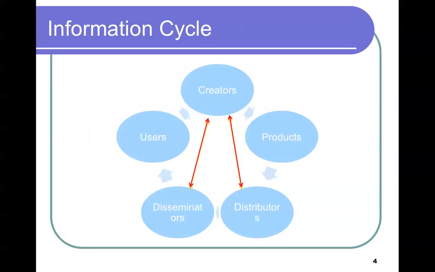Finally, the two arrows between creator and distributor, and creator and disseminator, indicate that because of the development of new technologies, creators can reach the disseminator, the distributor, or even users directly with their website, their blog, their Facebook.